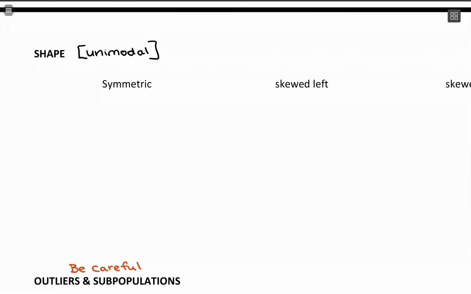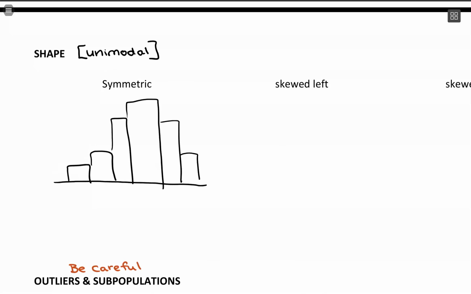For shape of unimodal data, so for a single peak, we have symmetric data. This will be data that forms roughly a bell-shaped curve. So if we think about the trend of this data, it should be roughly symmetric.